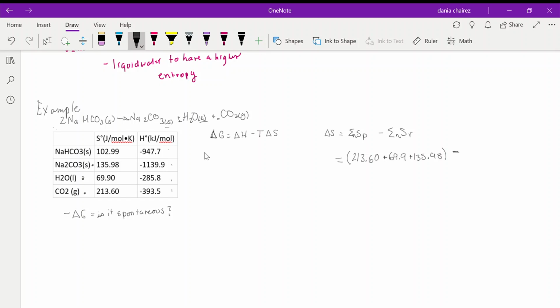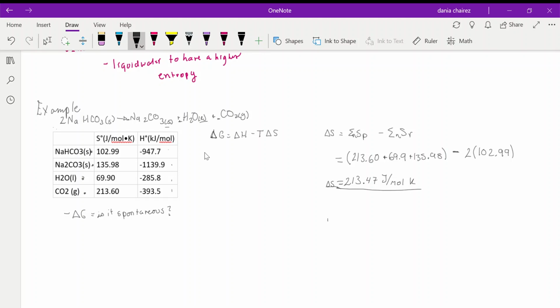And then it'll be minus the reactant, which in this case is sodium bicarbonate. But in this case we do have a 2 as our coefficient, so it's going to be 2 times 102.99. And then once you do all that math, you should get around 213.47, and this is in joules per mole K. So that's our delta S, which is our entropy.